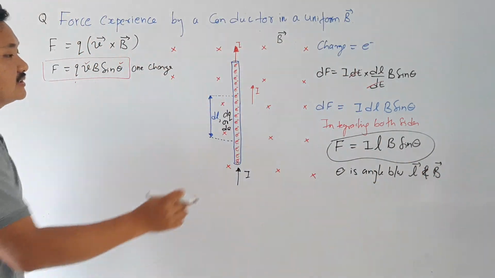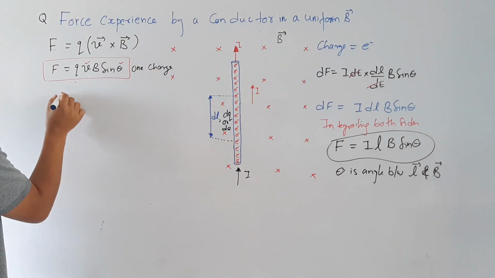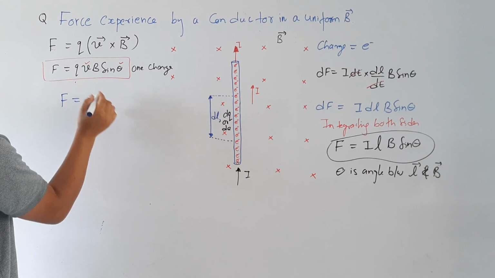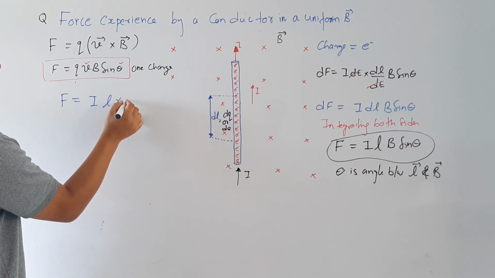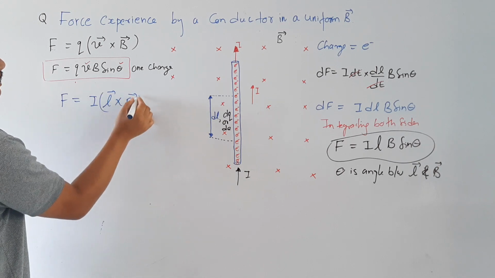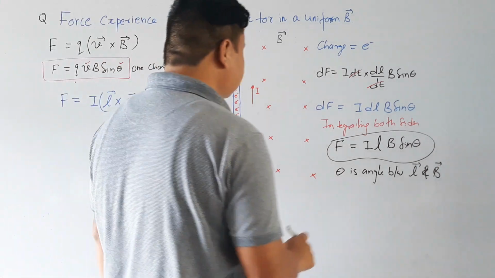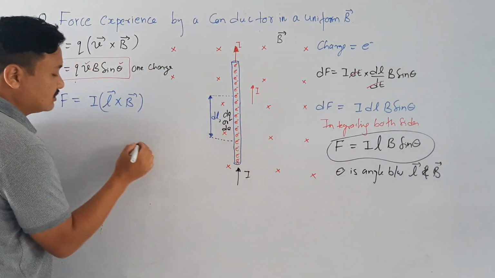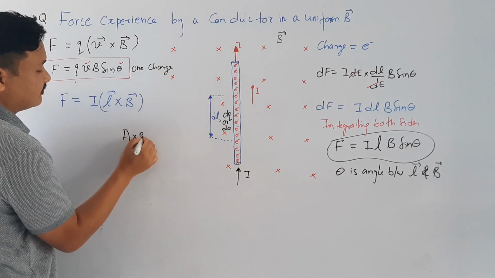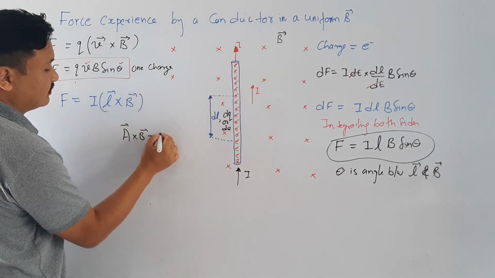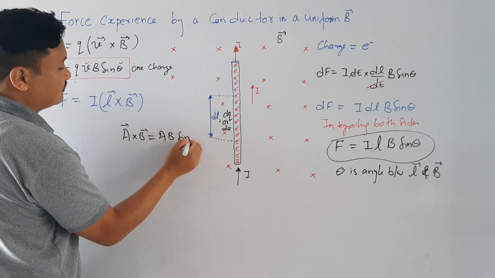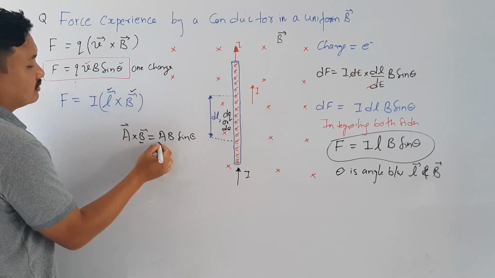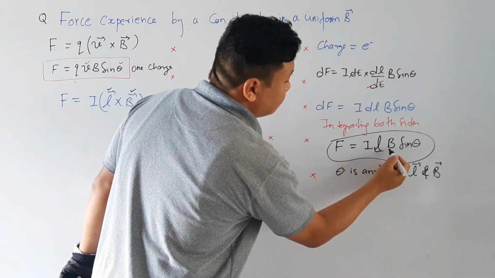Okay. So now this F can also be written as I, and I will write L cross B. How can I write it? Because I know that if I have A vector cross B vector, then this will become AB sine theta. Here A vector is L vector, B vector is B vector, and this will become LB sine theta.